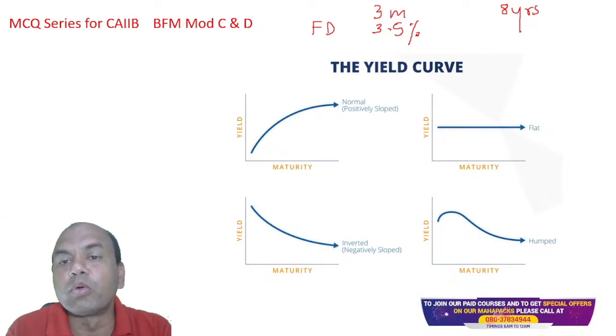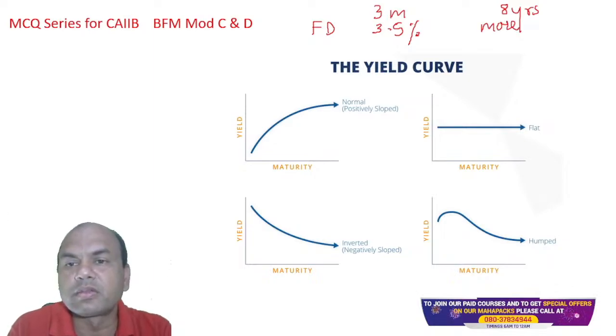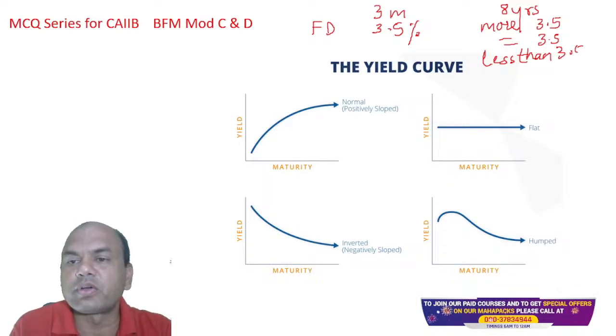Should it be more than 3.5, equal to 3.5, or less than 3.5? What do you think?